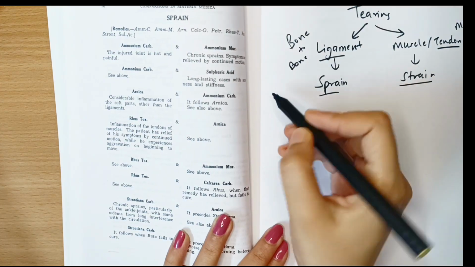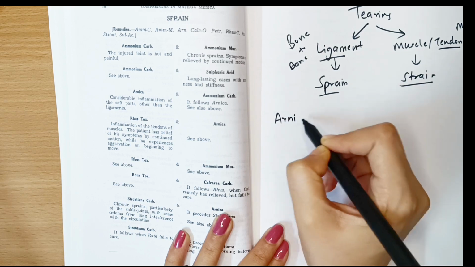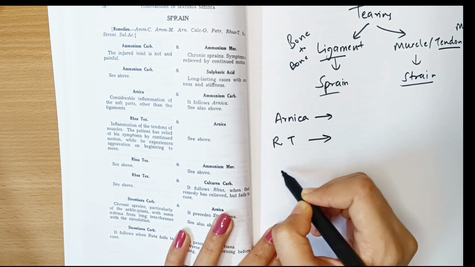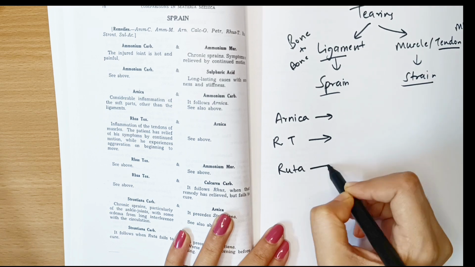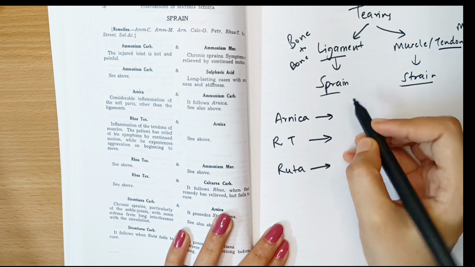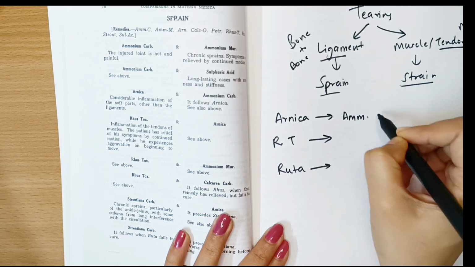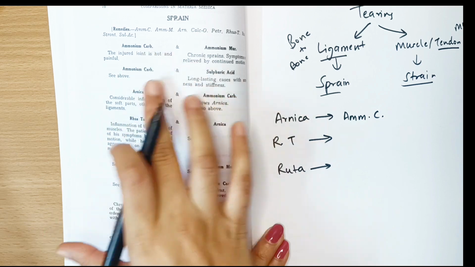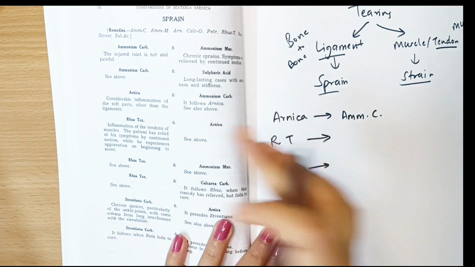So the patient has been given Arnica as the first remedy when he came to you, or maybe he has been given Rhus tox as the first remedy, or maybe Ruta as the first remedy. If he has been given Arnica, then the next stage might come of Ammonium carb, right? Because Ammonium carb has this kind of injured joint, and it follows Arnica. That is what we've understood.